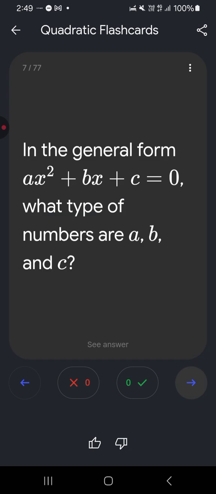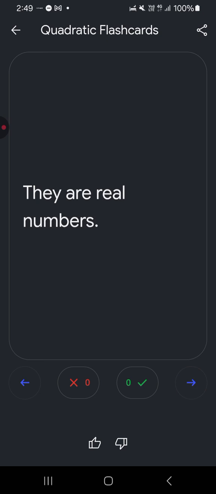In the general form ax square plus bx plus c is equal to 0, what type of numbers are a, b and c? They are real numbers.